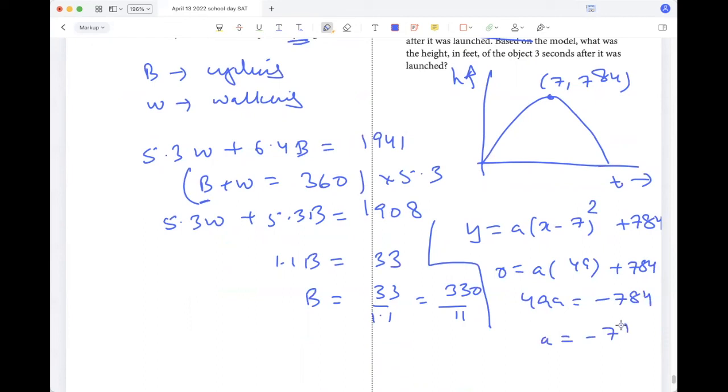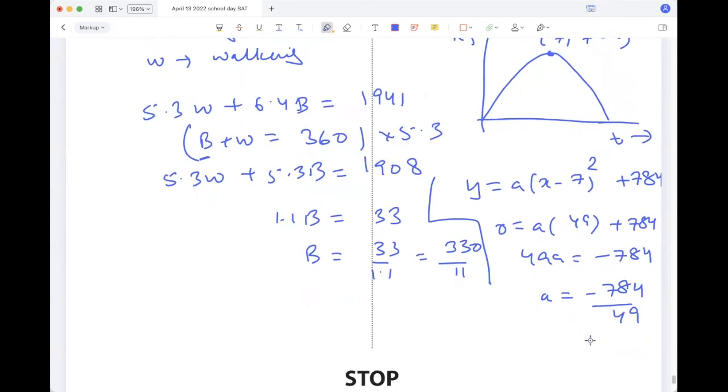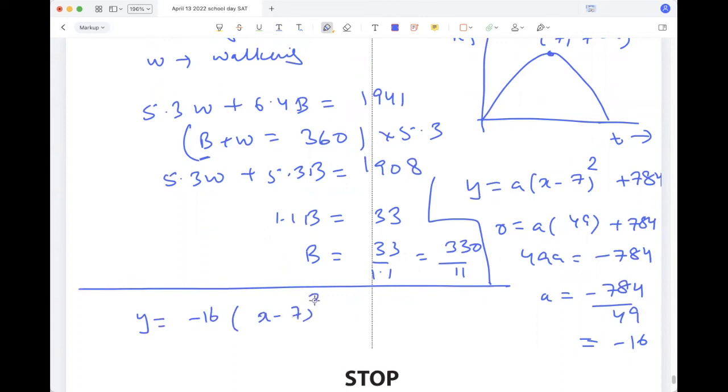So a is, let's plug that in. 784 divided by 49. So that's 16, right? So a is negative 16. So my equation for the parabola is negative 16 times x minus 7 whole squared plus 784.